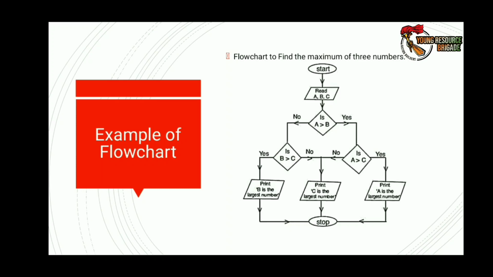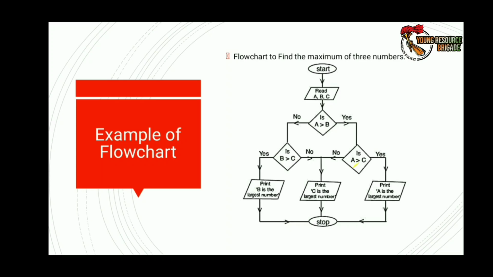First we need to check a condition: is A greater than B? When the entered number A is greater than B, this condition is satisfied. It results in yes. So we again need to compare A with our third number C. When A is greater than B and also A is greater than C, then we get this output: number A is the largest number.